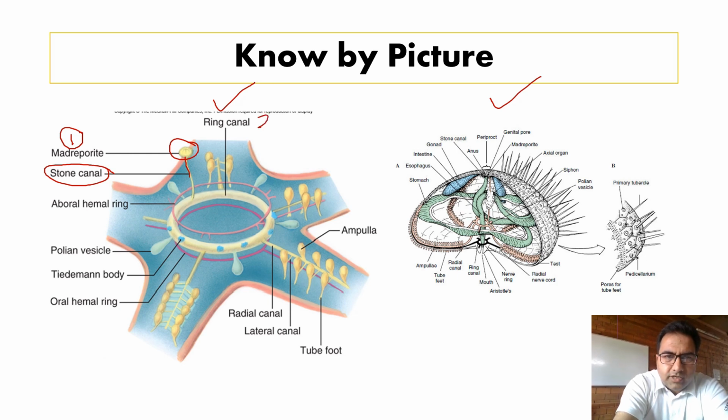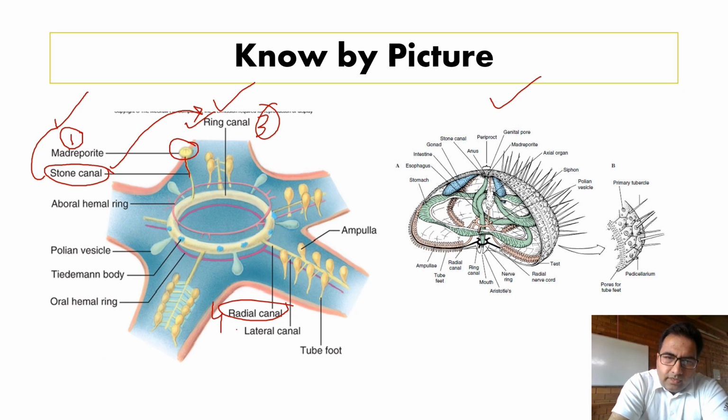Then the ring canal leads to the radial canal. So number one, madreporite to stone canal to ring canal to radial canal to lateral canal, and lateral canal to tube feet.